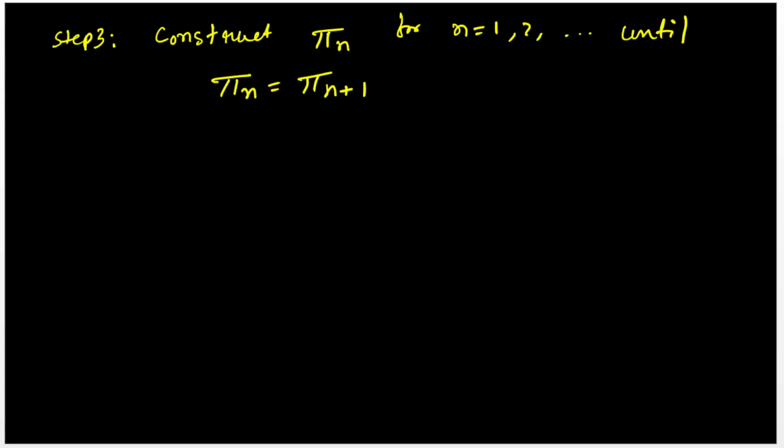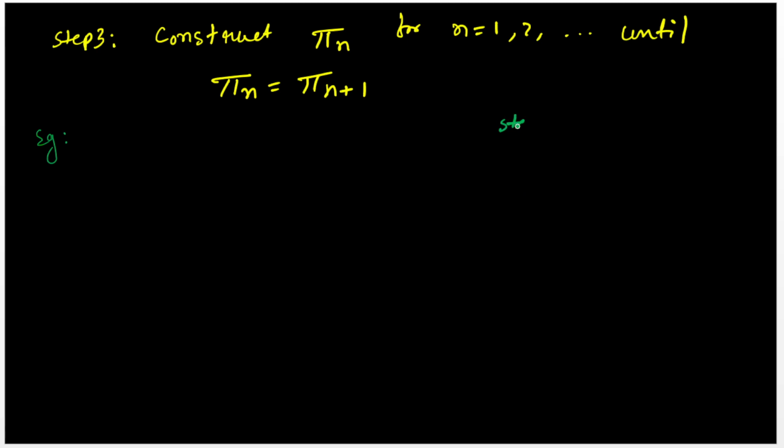We assume that a transition table is given. Example, suppose we have given a transition table like this.